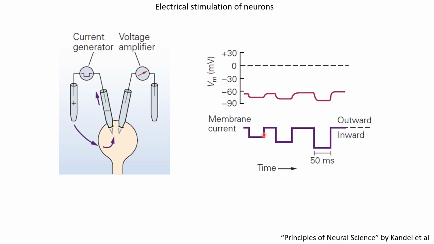When the stimulation is removed and the current becomes 0 again, the membrane potential comes back to minus 65. It does not remain negative. When you apply a stronger inhibitory pulse of current, the membrane potential again becomes negative, this time even more negative than before. And when you remove the current, it again comes back to the resting membrane potential. That tells us that the resting membrane potential is actively being maintained.